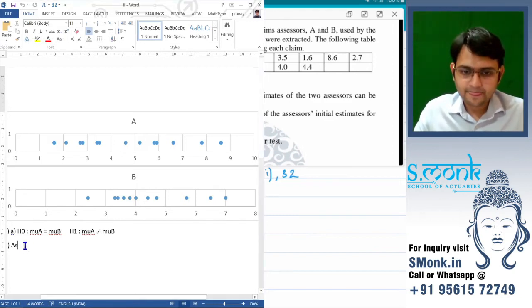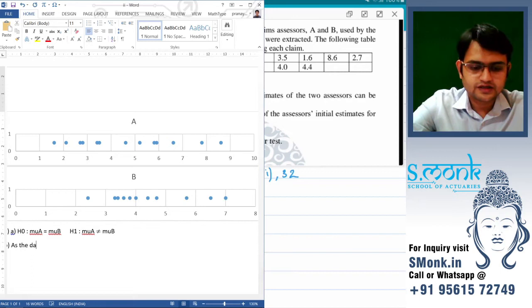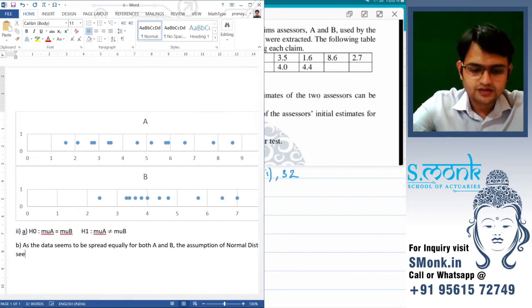So we'll say: as the data seem to be spread equally for both A and B, the assumption of normal distribution seems valid.